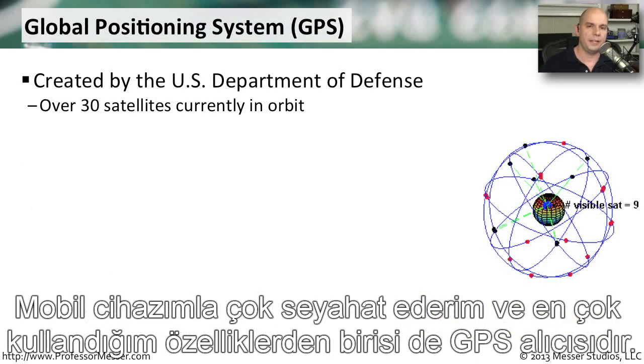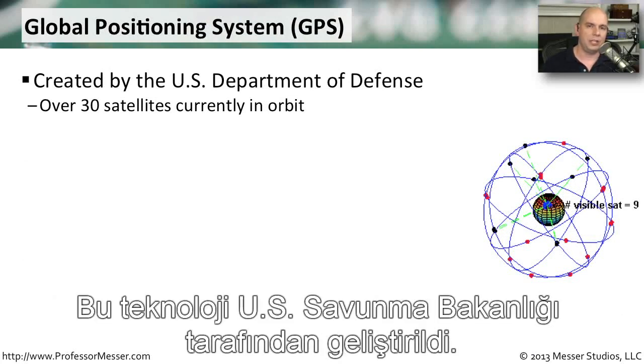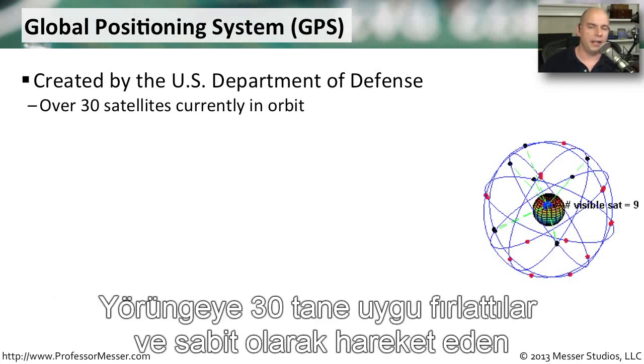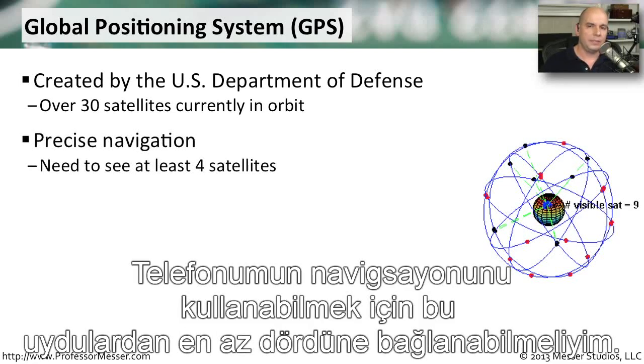I travel a lot with my mobile device, so one of the features I'm always using is the built-in GPS receiver. That stands for Global Positioning System. It was a technology that was created by the U.S. Department of Defense. They shot a lot of satellites into orbit, and as I'm making this video, there are over 30 satellites that are constantly moving around the Earth. To be able to get navigation on my mobile device, I have to see at least 4 of these.